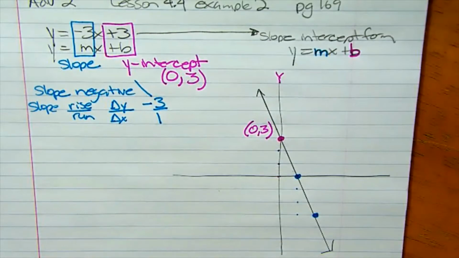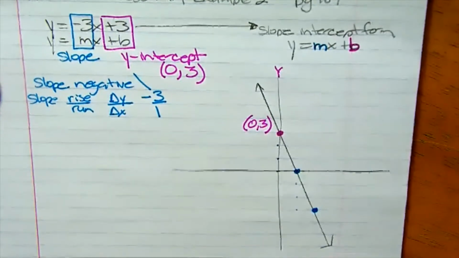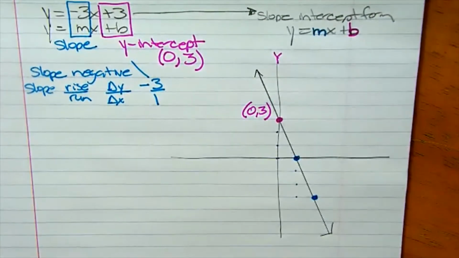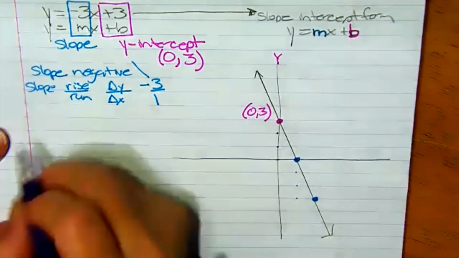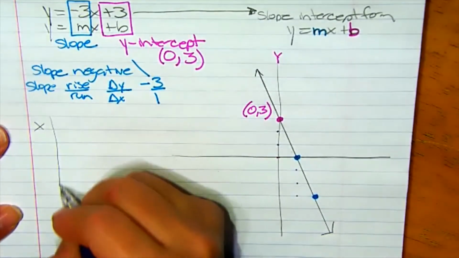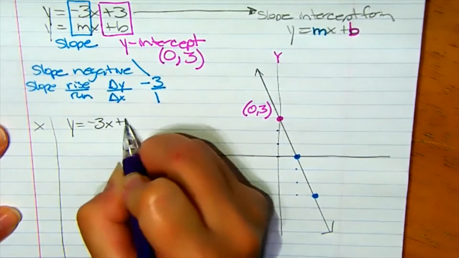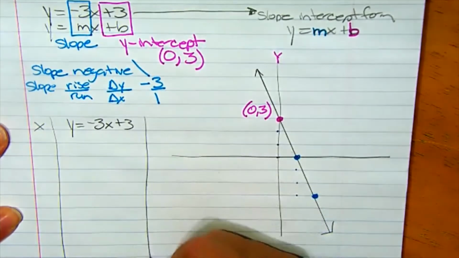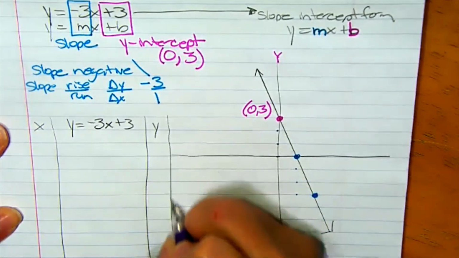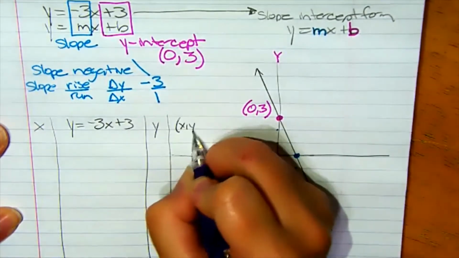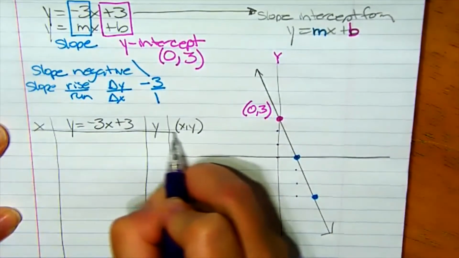Yay! But, you know, I want to double check my work. I want to make sure. I'm not too sure about this. Can I create a table? Absolutely. You guys know how to do this. Here we go.